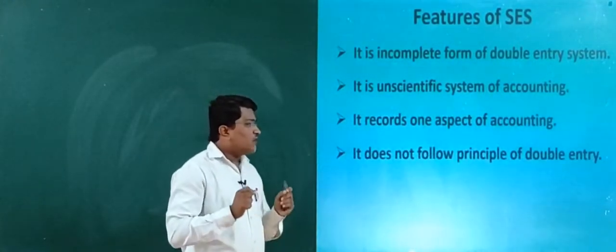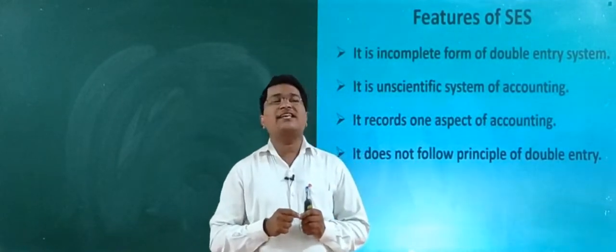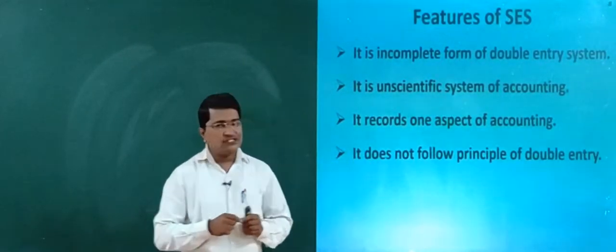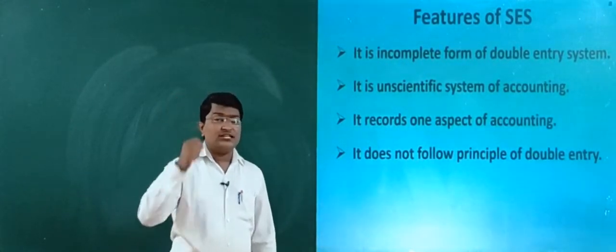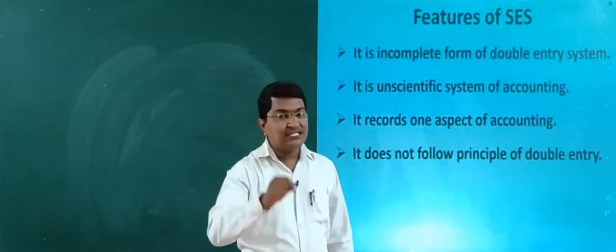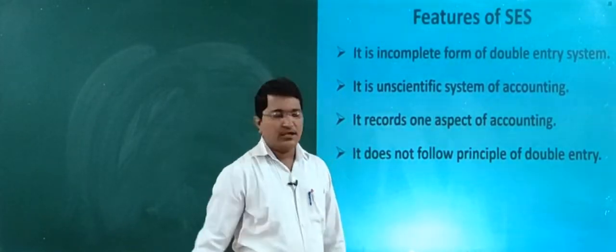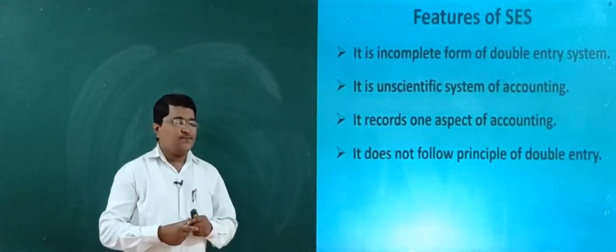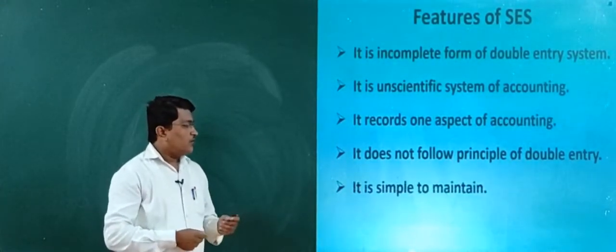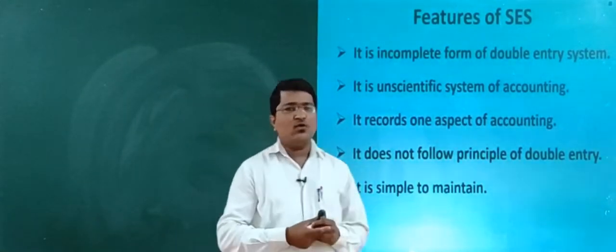It does not follow the principle of double entry system. As you know, why is it called an unscientific system? Because single entry system does not follow the principles or rules of double entry system. Right? So this is one feature of single entry system. Now next, it is simple to maintain.